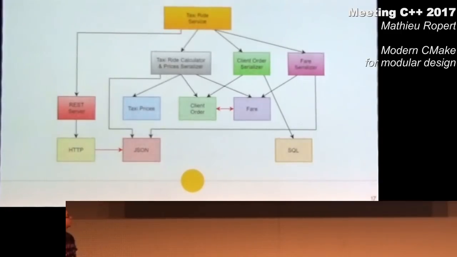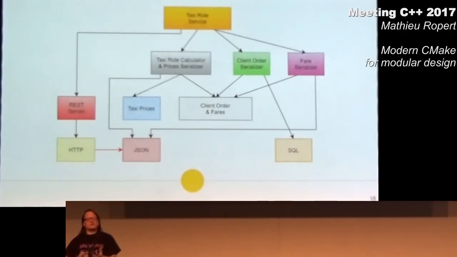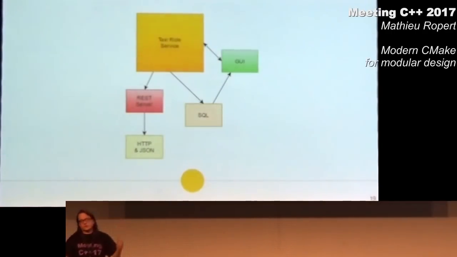So you can just say that your component is actually a taxi ride calculator and price serializer, which starts to sound a bit weird. And then you have a client order and fares. All right, orders and fares, they are kind of similar, so maybe it makes business sense to have them both in the same class or maybe in the same library. Why not? Okay. And then you continue, and at the end you got this.